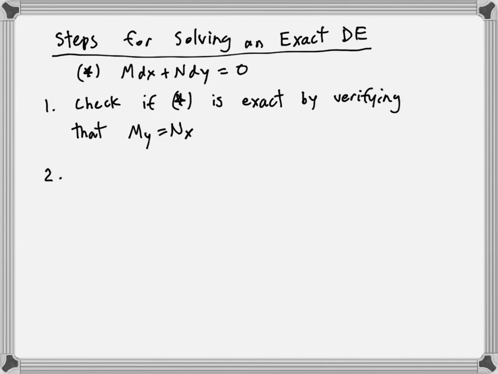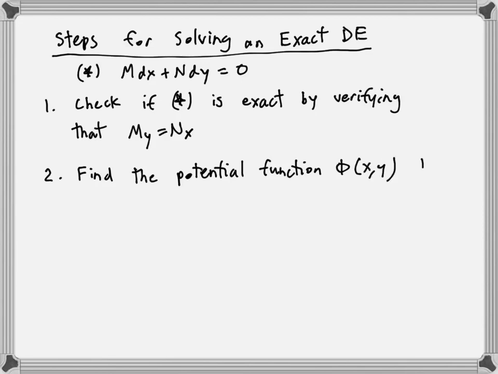Now, assuming that it is, you move on to step 2. Find the potential function phi of x, y by using what I call partial integration. How does partial integration work?